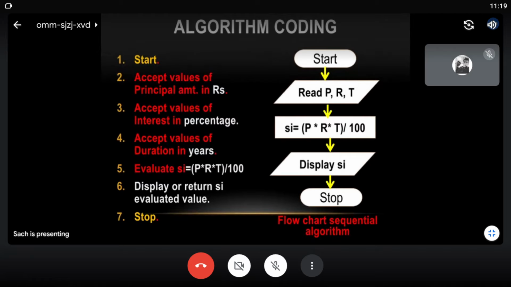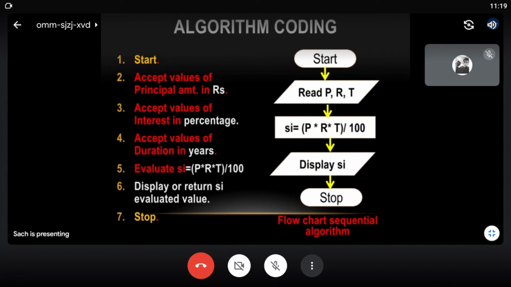The route from start to stop has no dependencies. Everything else is covered from start to stop. So you can say the flowchart is a pictorial representation of an algorithm.